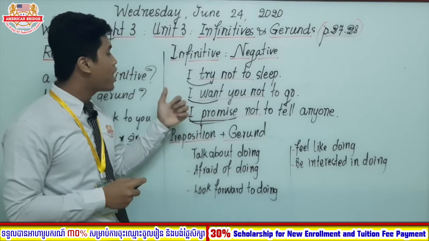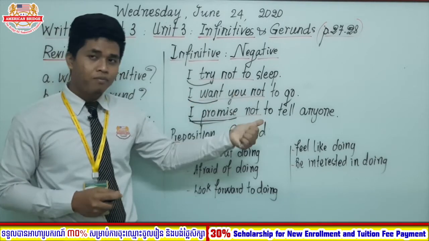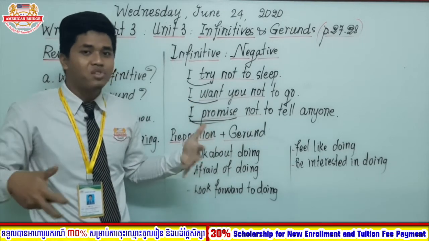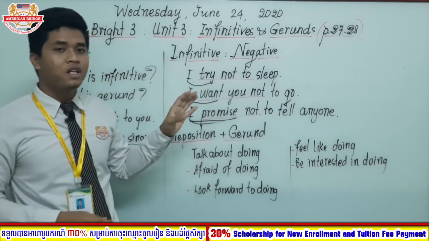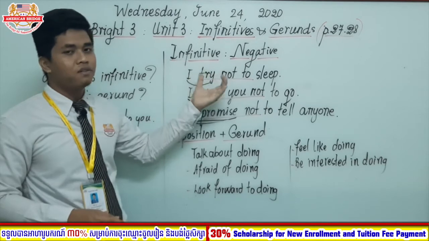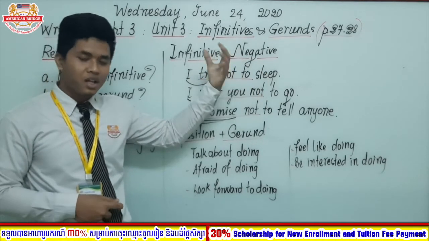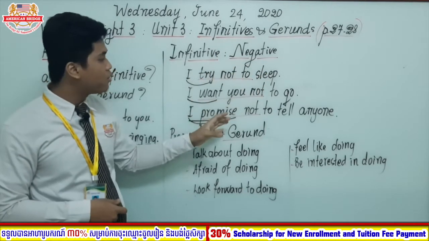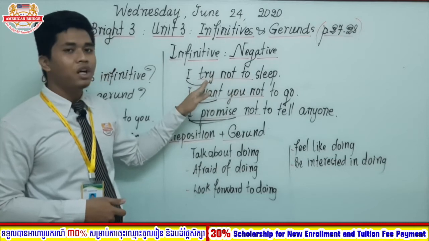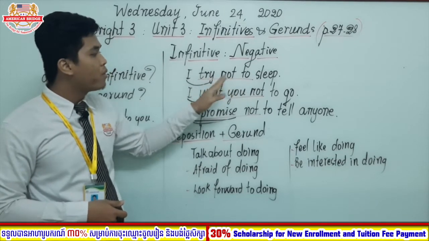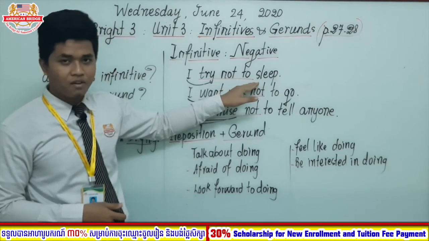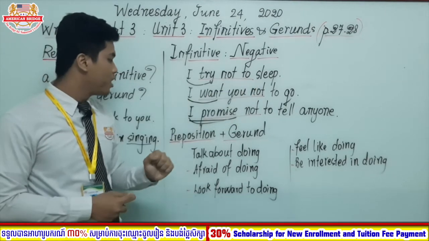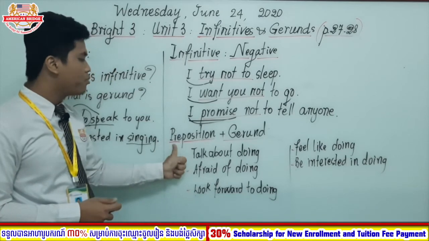And if you say I don't try to sleep, it means you don't care whether you sleep or not. So these are the ways that you can use an infinitive in a negative form as well. And notice the word not is after the main verb and it stands in front of the infinitive form.